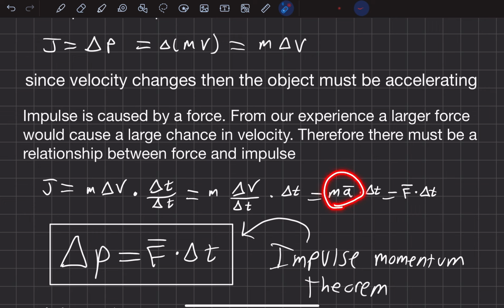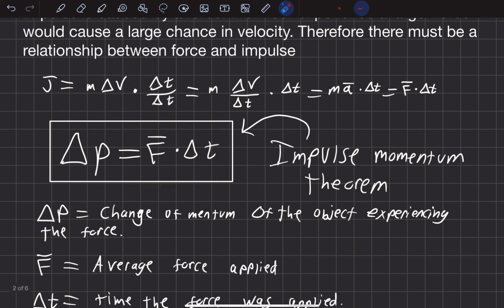And again, this part should look familiar from our studies of Newton's second law. The mass times the average acceleration is going to equal the average force. Average force times the change in time. Or in other words, the average external force being applied to this object, times how long that force is being applied to this object, is going to equal our impulse.